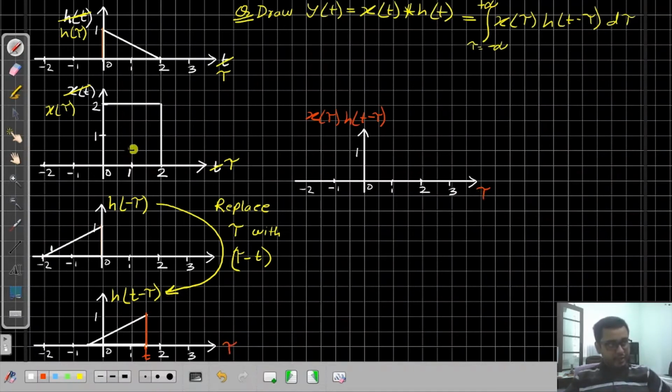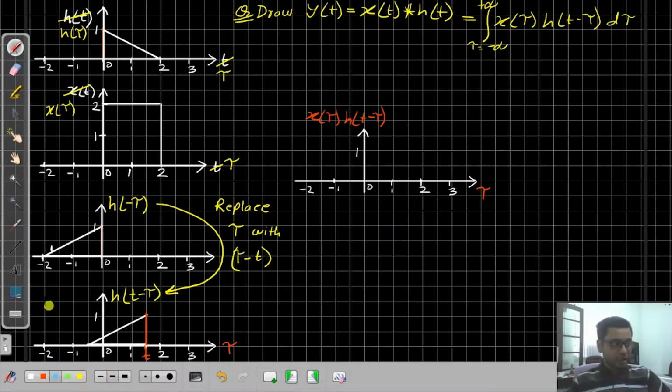If you multiply this signal with this signal, the result will be 0 from minus infinity up to this point, and after this point t, again the product will be 0, and within this small region the product will be non-zero.